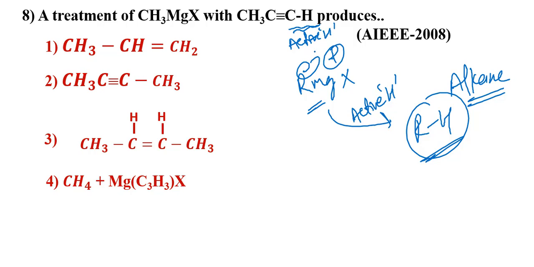Simply this hydrogen is taken by this R minus and forms that alkane. Then what about the remaining? See, this is the minus. The MgX plus is attacking here. This minus is going to plus, this plus is going to minus. So your answer will be fourth.